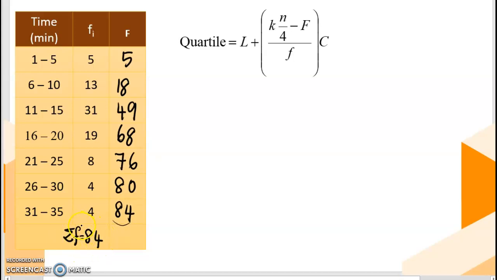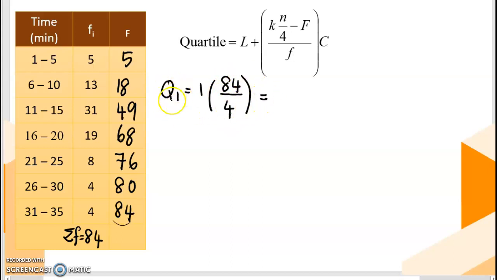Now we are going to find quartile 1, Q1. If we want to find Q1, our K will be 1. 1 multiplied by N, the summation of F, which is 84, divided by 4.